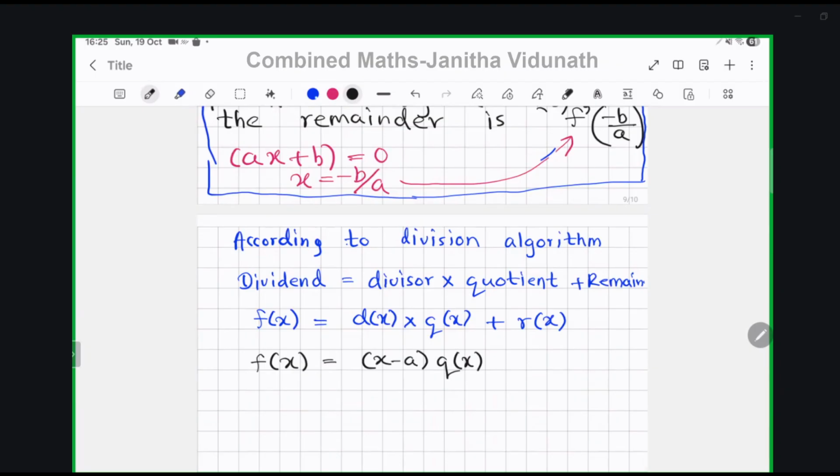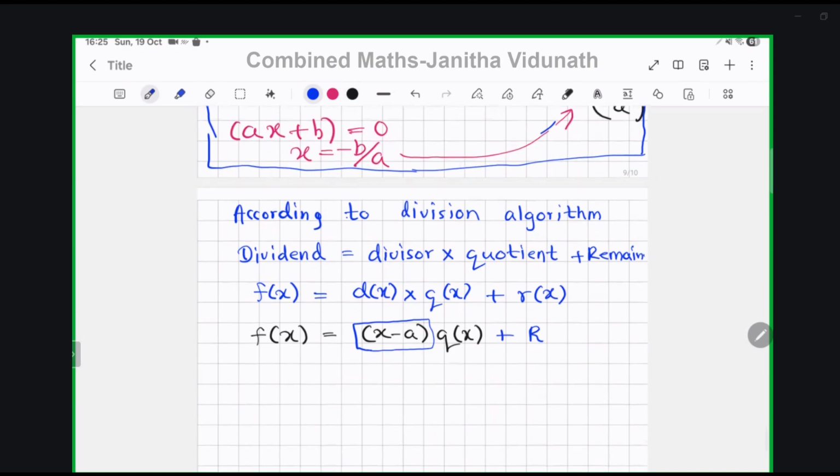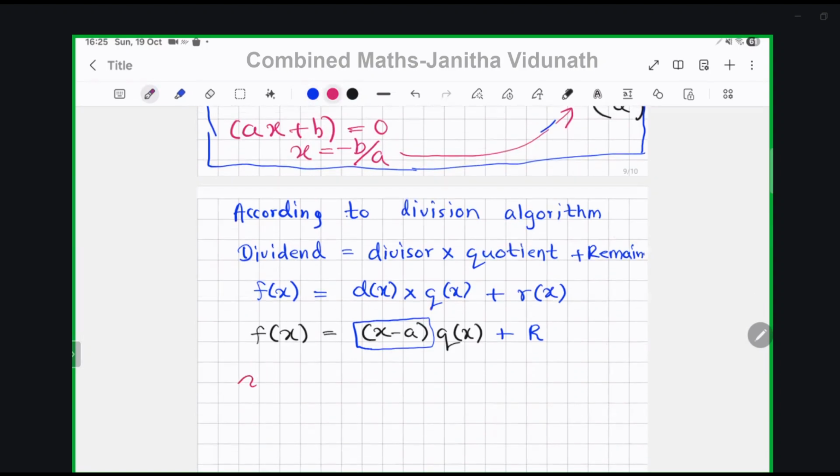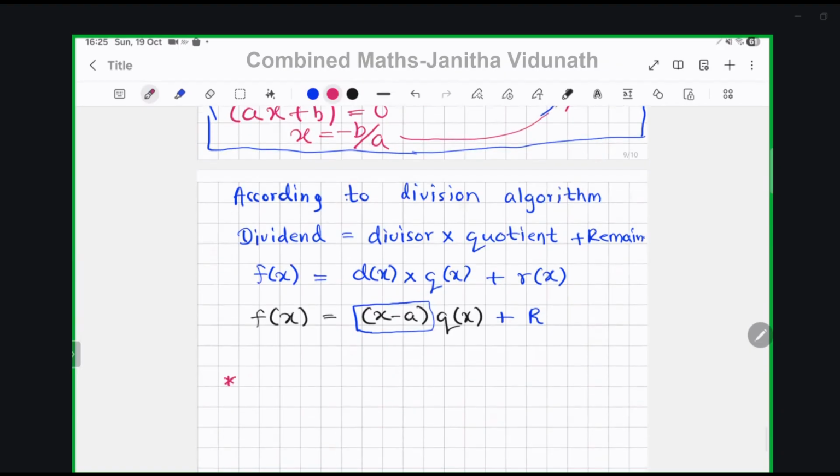Now we already know that if we divide by a degree 1 polynomial, then the remainder should be a degree 0 polynomial, that means a constant term. For x minus a, the degree is 1.